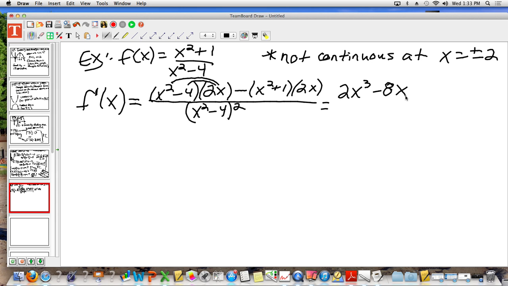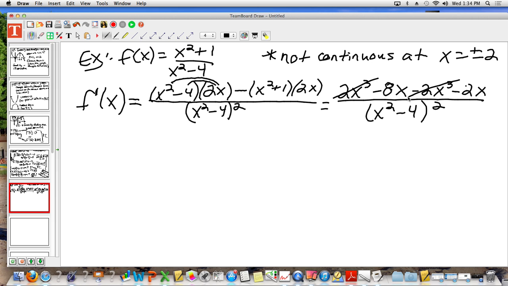All right. Now, this negative and the 2x have to be distributed into here. So I'm going to distribute them at the same time, which is going to get me negative 2x cubed minus 2x. Are you okay with that? Yeah. All right. All divided by x squared minus 4 quantity squared.